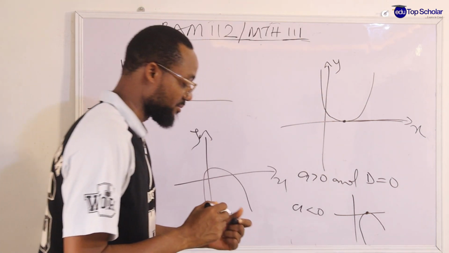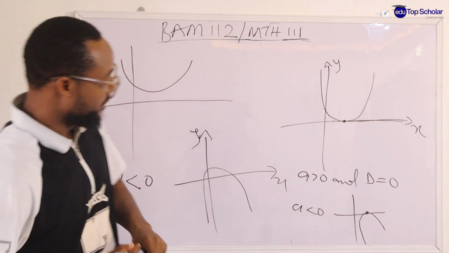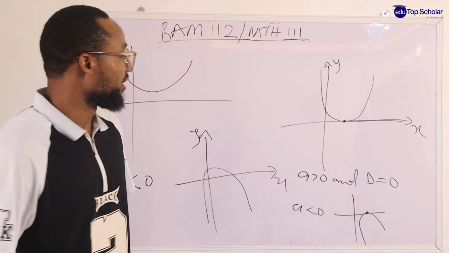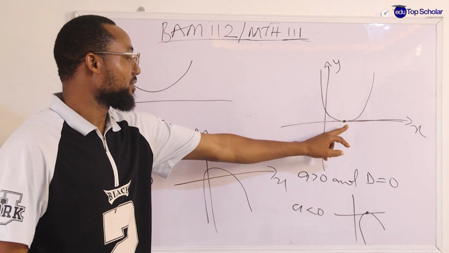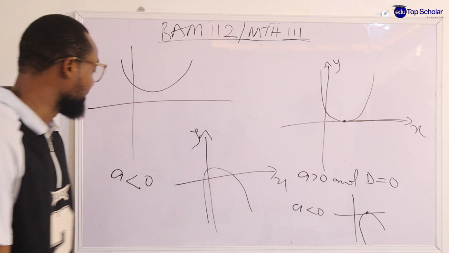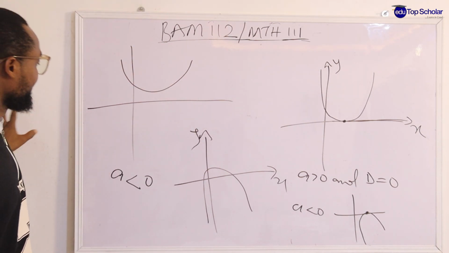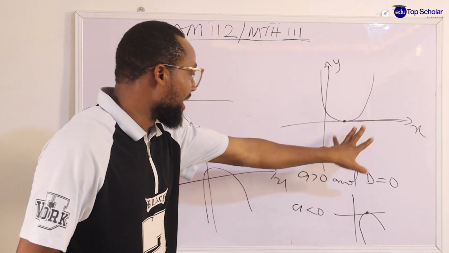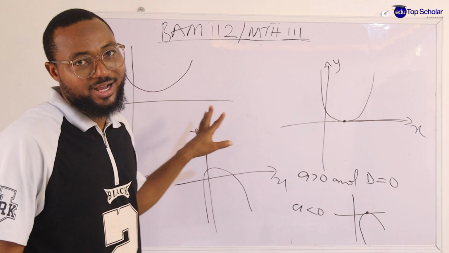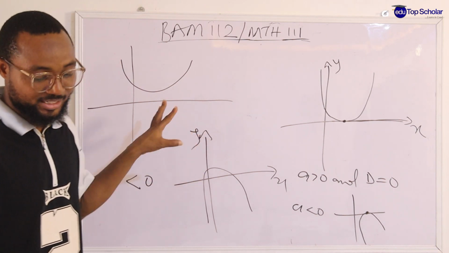That implies that the maximum point there will be a point on the x-axis, and the minimum point is also a point on the x-axis. That's the difference. These are different types of graphs that we can plot as a solution of a quadratic equation.